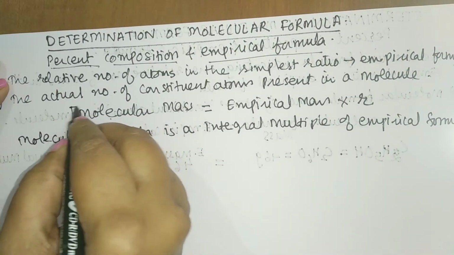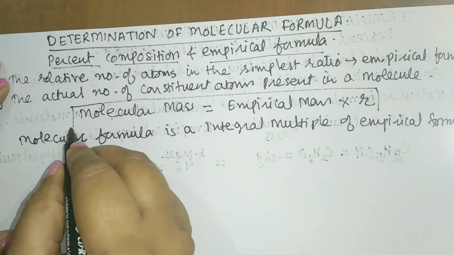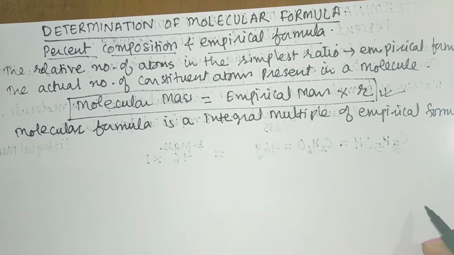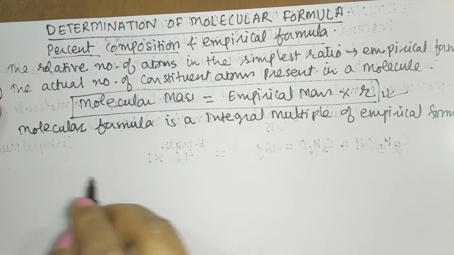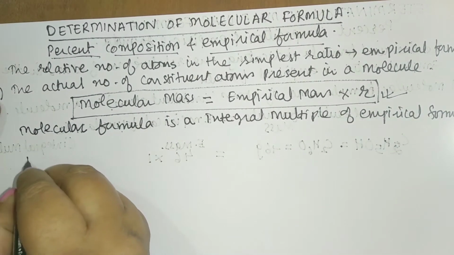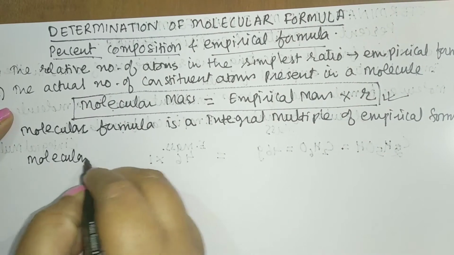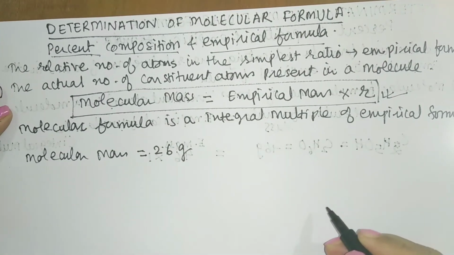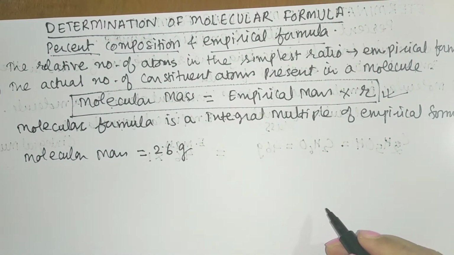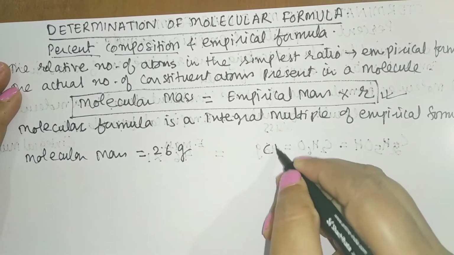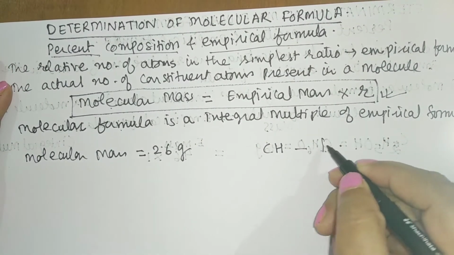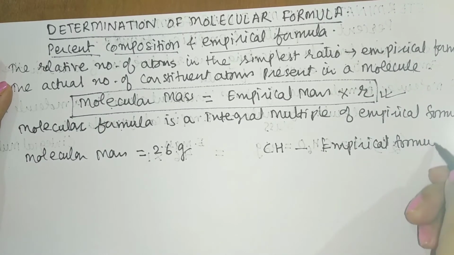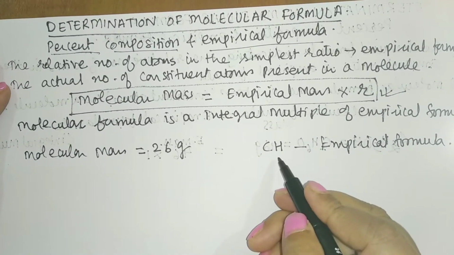To understand this better, let us take one example. This formula you must know, students, because we will be solving problems based on this. Now, say for example, I have a compound whose molecular mass is 26 gram. By doing the calculation, you know that there is carbon and hydrogen, meaning its empirical formula is CH only.